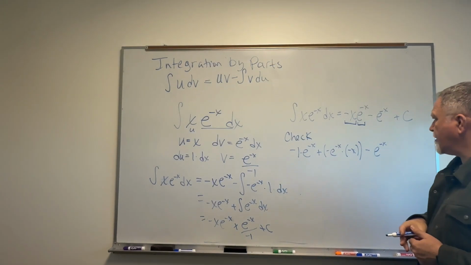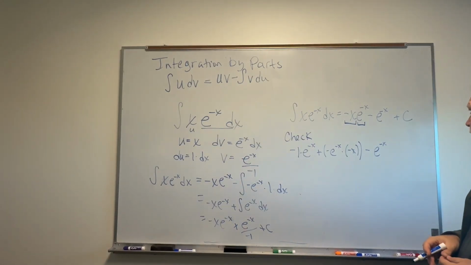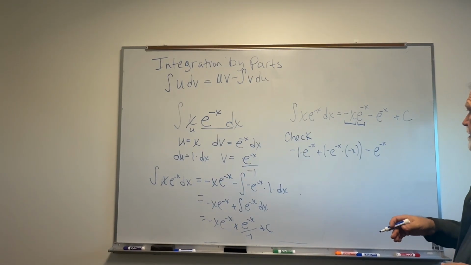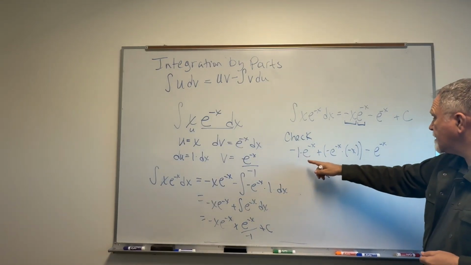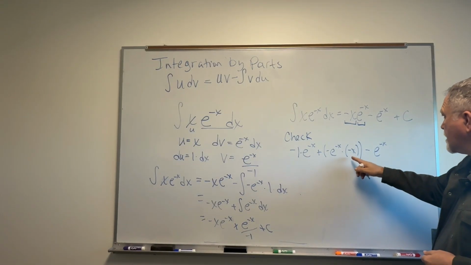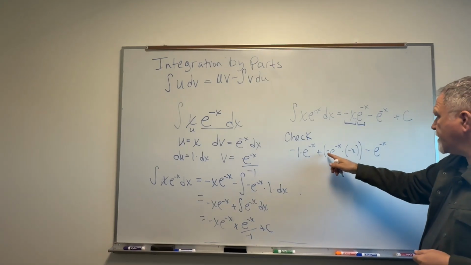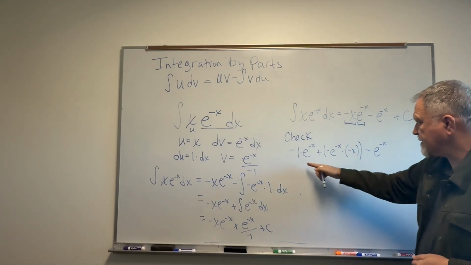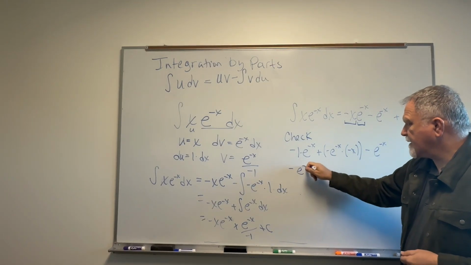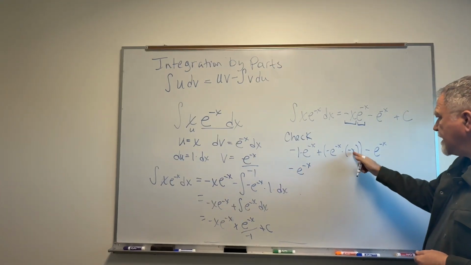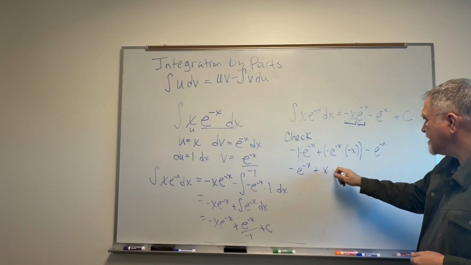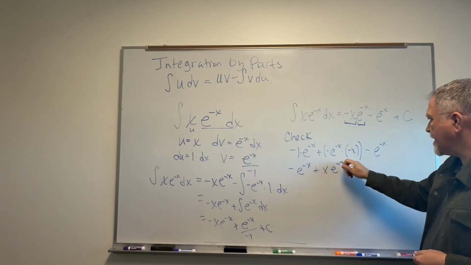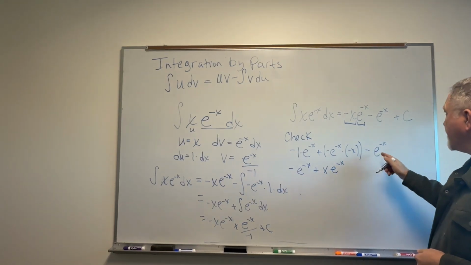So notice here, what have we got? This negative and that negative make it a positive. So here I have negative e to the negative x. Here I have plus x e to the negative x.